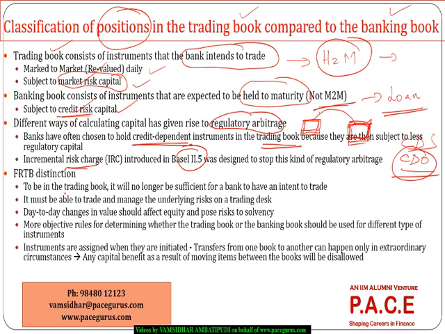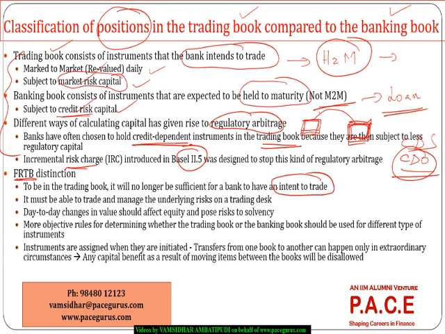Now, the way it works is, what FRTB has done is, forget about all this. For classifying an instrument or a transaction, whether it goes into the banking book or the trading book, it has come out with a set of rules. It's not just that the bank has an intention to trade.